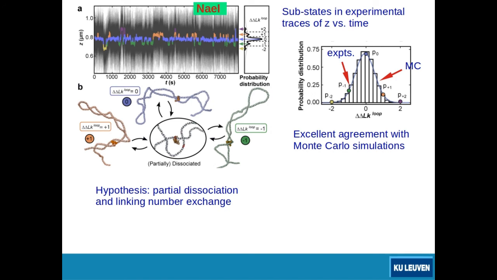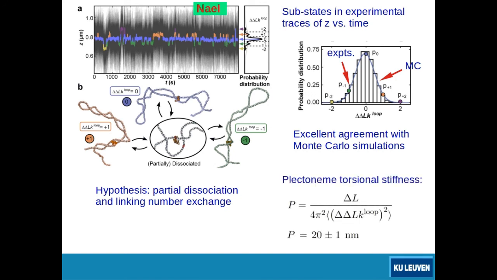There is an excellent agreement between Monte-Carlo data and experiments. The Monte-Carlo model has no adjustable parameters here. Finally, from the variance distribution of linking number exchange, we can estimate the torsional stiffness of the plectonemic phase. We find P equal to 20 nanometers, consistent with previous measurements using different techniques.